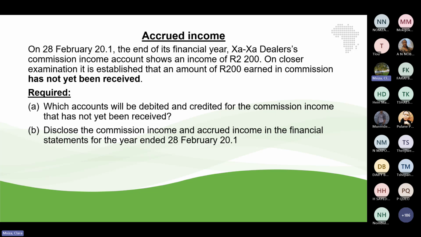So we're gonna look at Gaga again. On 28 Feb 20.1, the end of its financial year, Gaga Dealers' commission income account shows an income of 2,200. On closer examination, it is established that an amount of 200 earned in commission has not yet been received. So this will be fast.